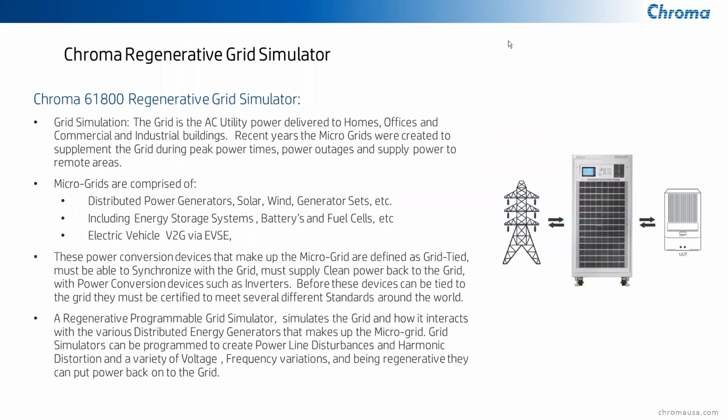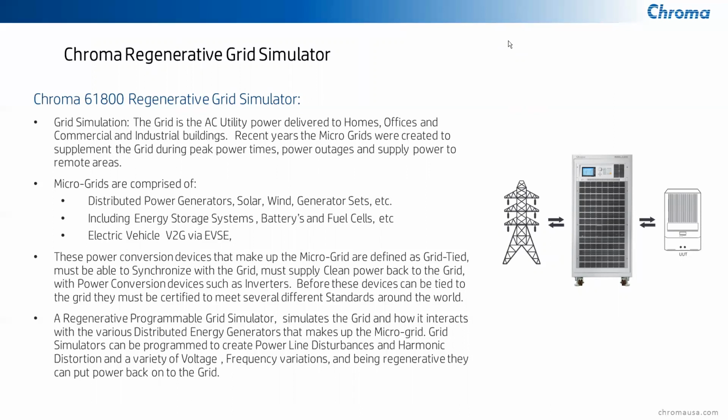So today with regenerative grid simulators, I thought I'd start with trying to explain what a, I even have trouble saying it, a regenerative grid simulator is. So a regenerative grid simulator does pretty much as the title defines it to do. Regenerative means that it has the ability to put power back onto the grid.